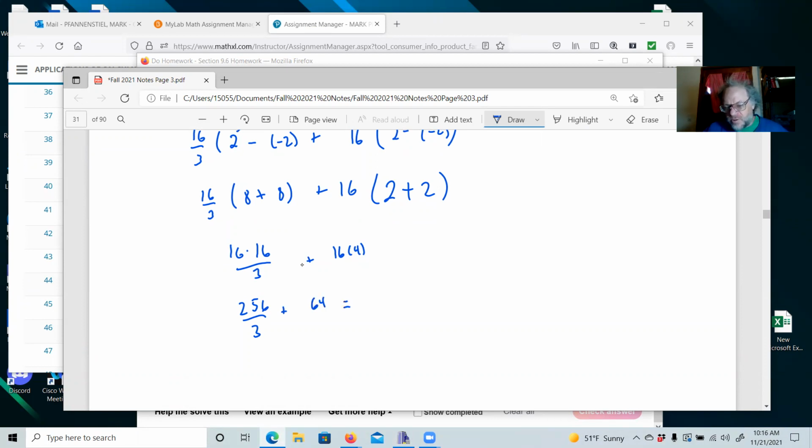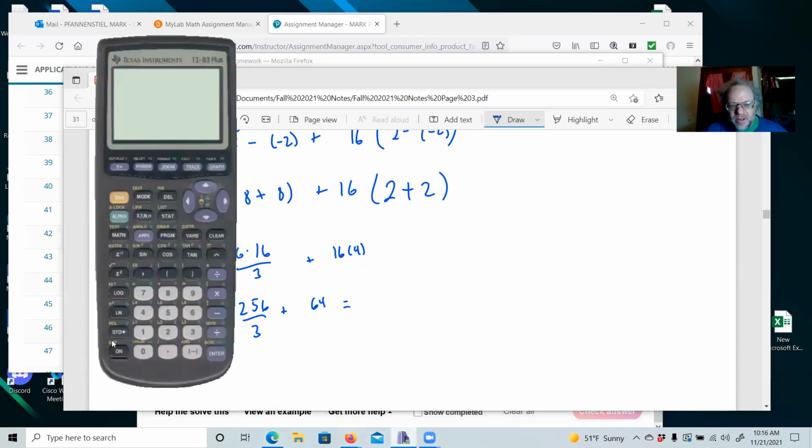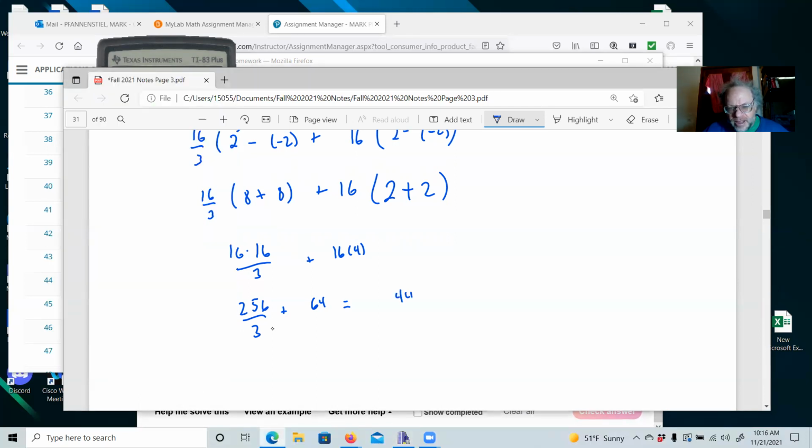If you're really paranoid about the fractions, here's what you can do: 256 divided by 3 plus 64 equals. Now we're going to go to math and change it into a fraction. Done: 448 over 3.